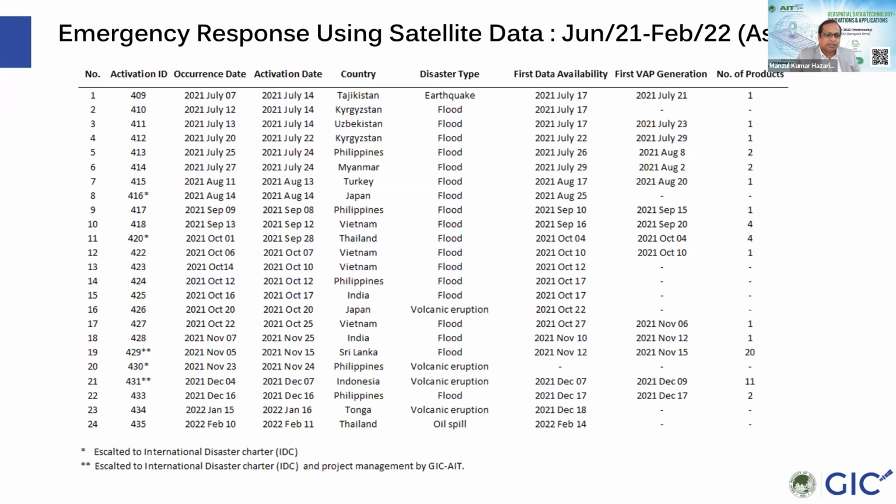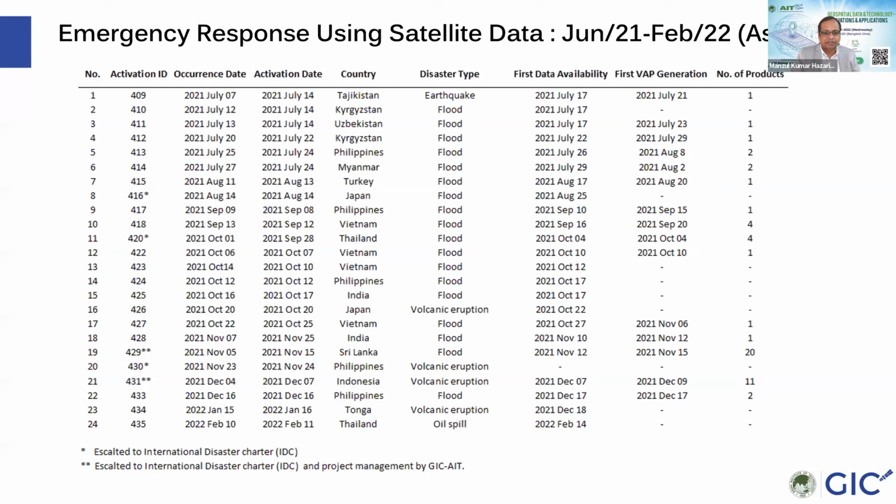If you see here serial numbers 19, 20, 21, these three are very big disasters. These have been escalated to the International Disaster Charter from Sentinel. It means that we'll get many more data from government agencies, space agencies, and the private sector to prepare some good quality products to respond to that particular disaster.